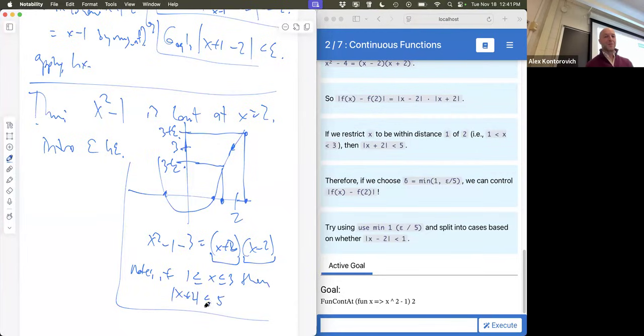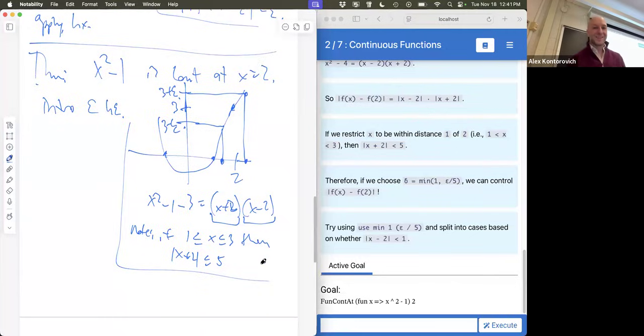In fact, in absolute value, it's at most 5. So if this part's going to be 5 and this part's going to be delta, then we have a pretty good shot of doing something.